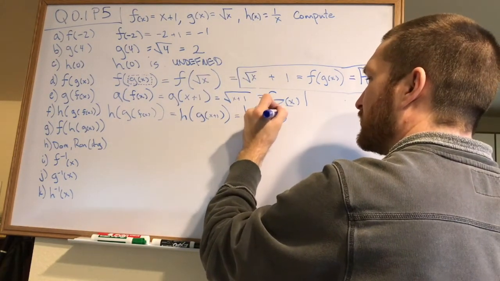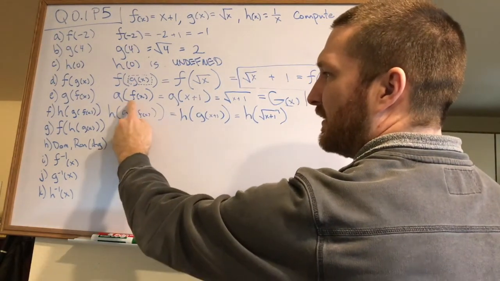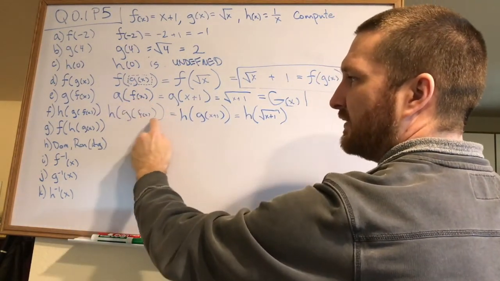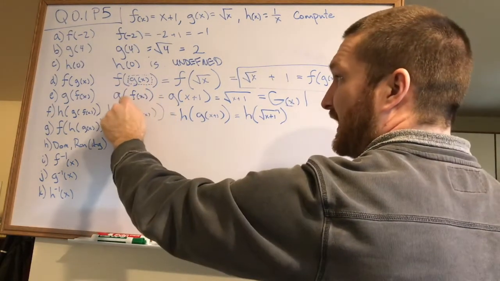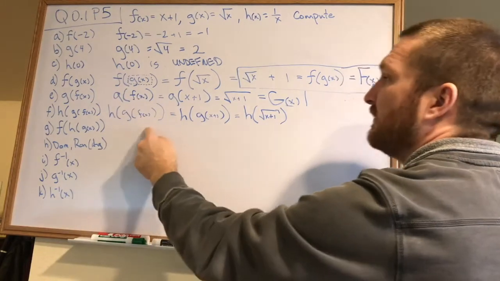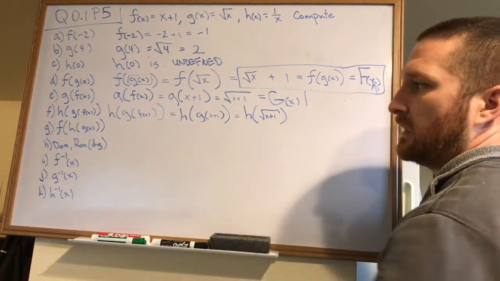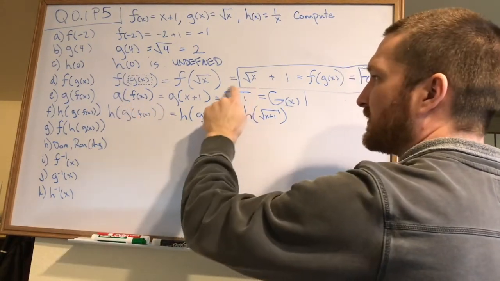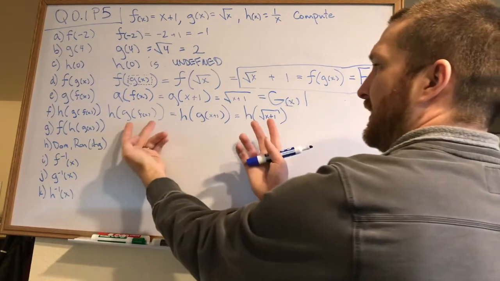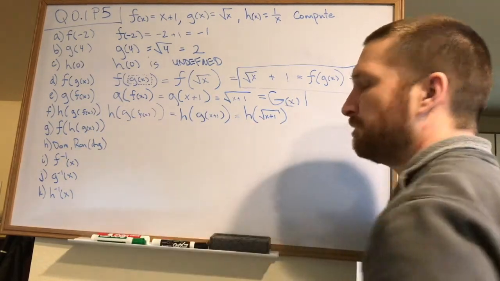And at this point, let's just stop and notice that H of that stuff is the same as H of this stuff, like G of F of X is G of F of X, and we've already calculated it. So we could have just skipped a step and said, wait a minute, that symbol right there equals that. And you see, yeah, that's exactly what we've replaced this with right there.